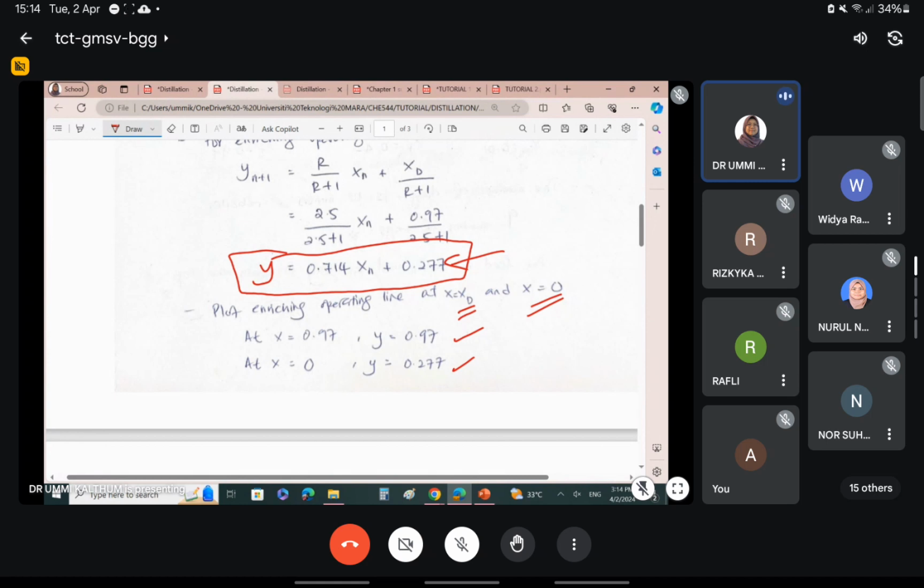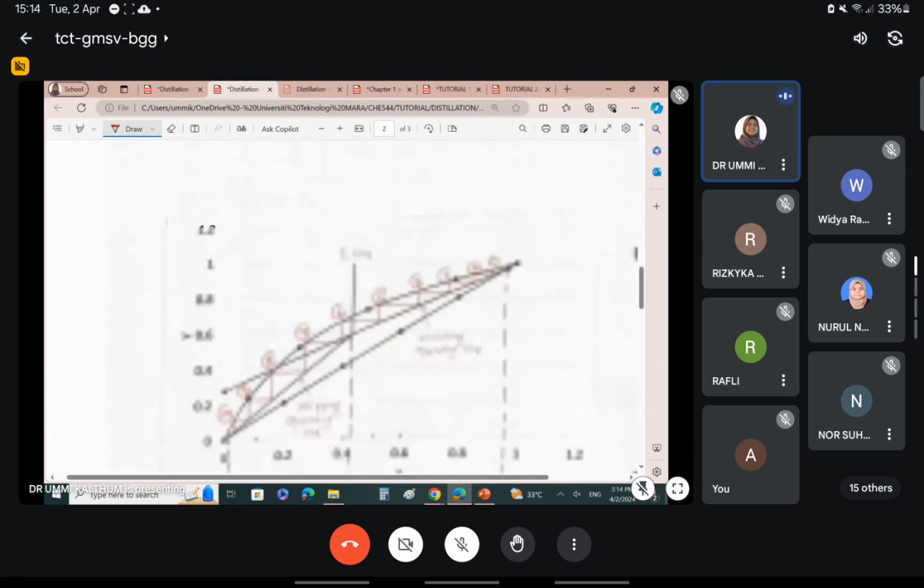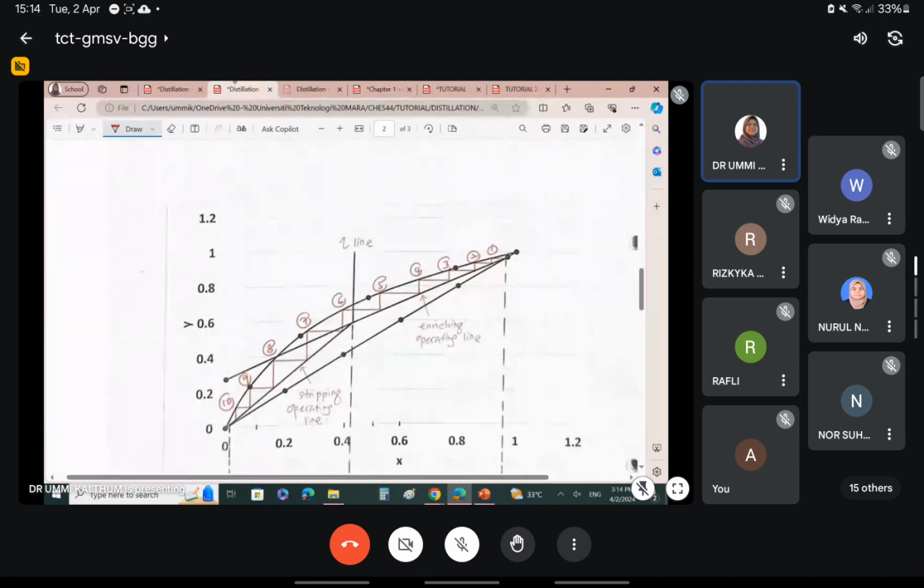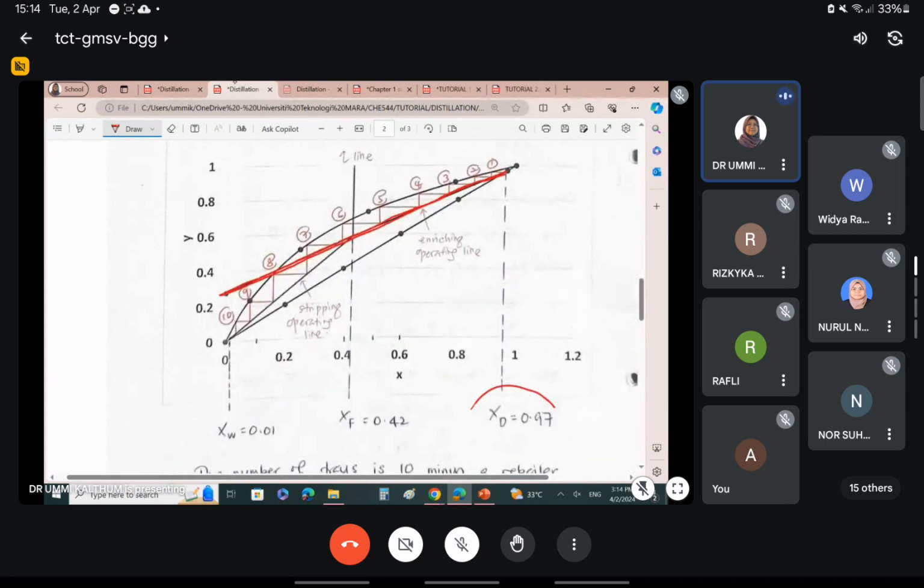So plot these two points and you will get the enriching operating line. Start at XD.